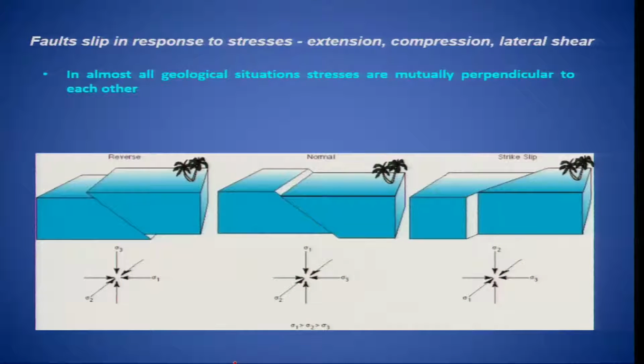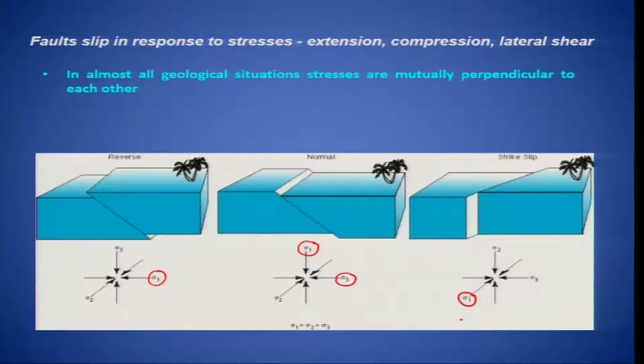If you have sigma 1, sigma 2 in this fashion, then you will have reverse faulting, mostly seen in compressional tectonic environments. If sigma 1 is at the top and the least along the fault plane, then we will have normal faulting, in the extensional tectonic environment. And if it is oblique, then we will have the strike-slip faulting environment.